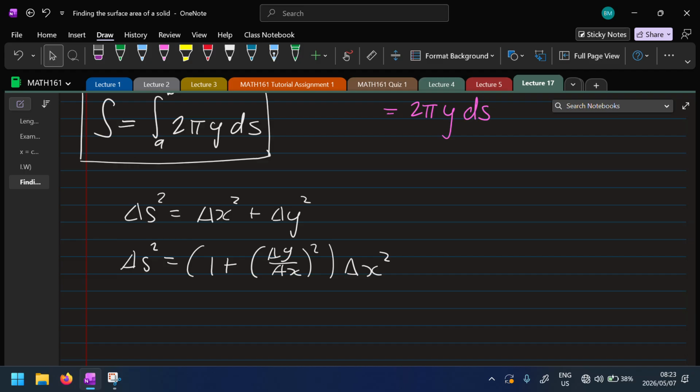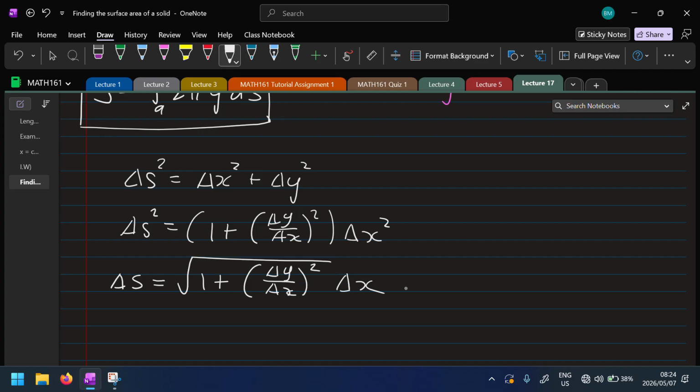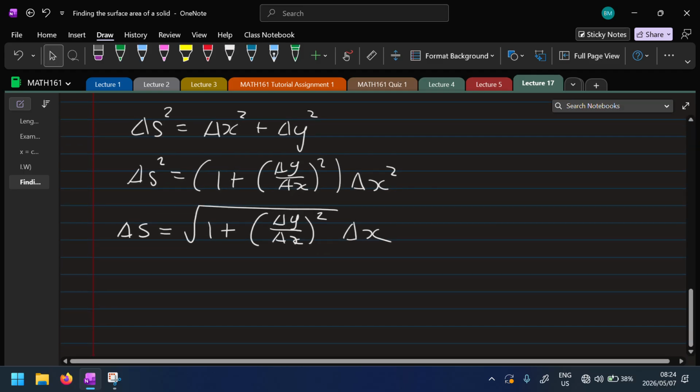Then we take the roots on both sides, same as we did last time. Sorry, I'm skipping ahead. And then we do the limit as delta x goes to 0, same as we did last time.